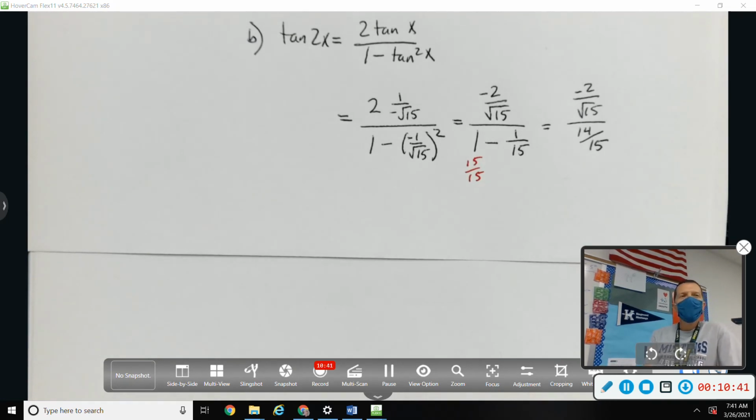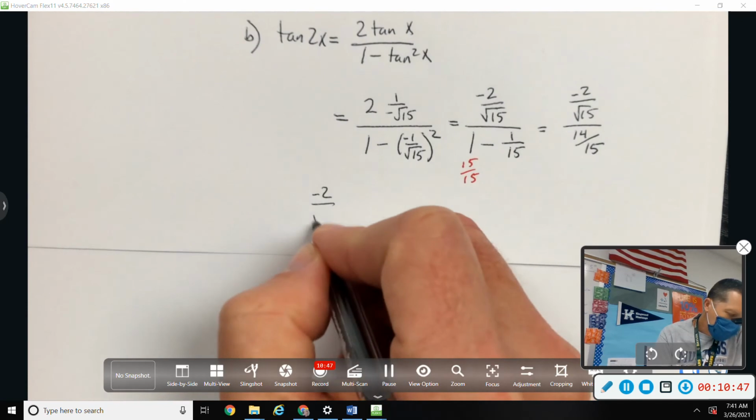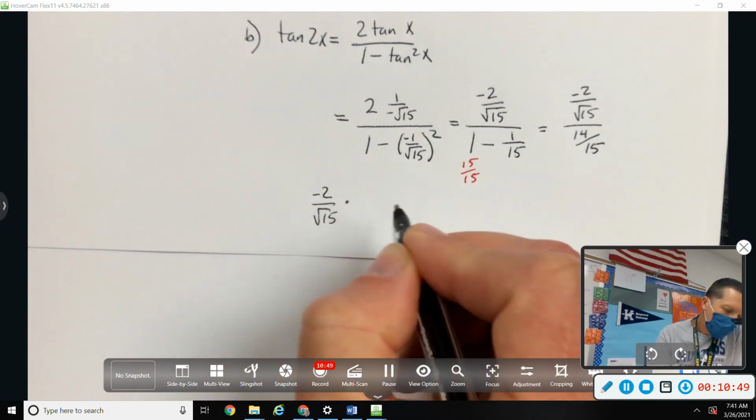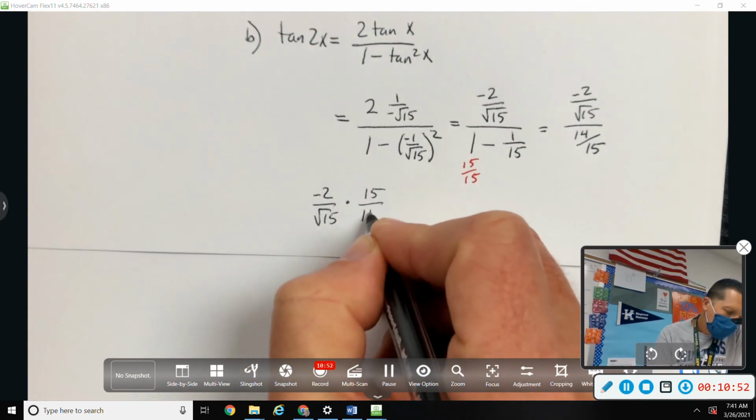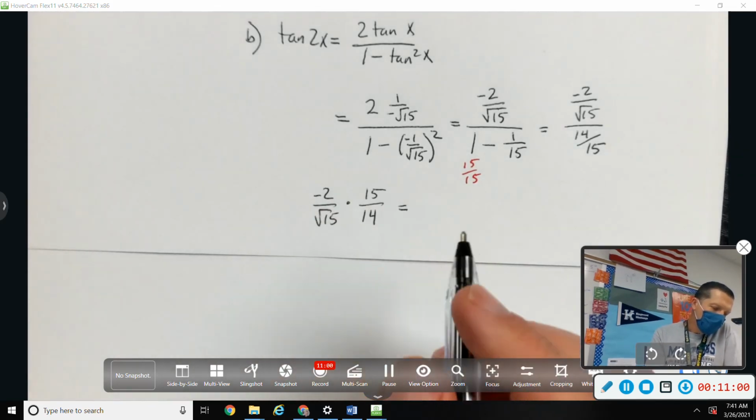So I'm dividing fractions. How do we divide fractions? Keep it, change it, flip it. So keep it, change it, flip it. Let's see. The 2 and the 14 will reduce.